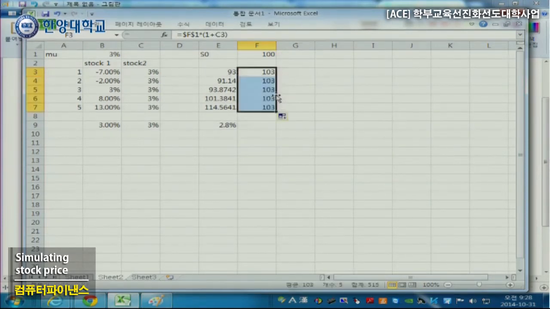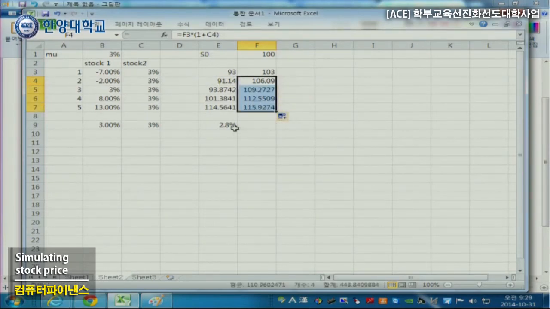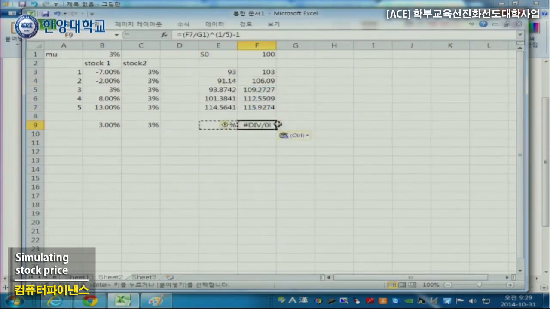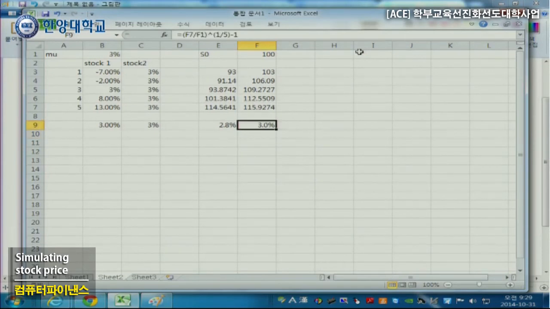So the stock value would be something like this, and then the annualized return is exactly 3%, right? It should be exactly 3%.